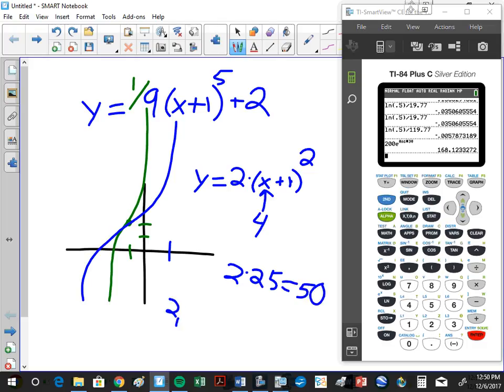So 4 comma 25 was converted into 4 comma 50. And what's the difference between those 2 points? It's taller, not wider. So the movement is actually vertical. There is a way to stretch it and smash it horizontally. It's just really confusing, so we try not to do it.